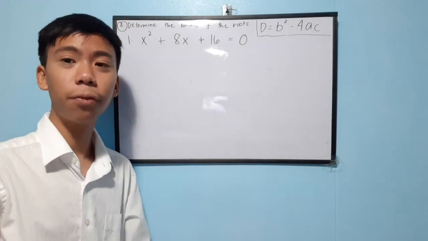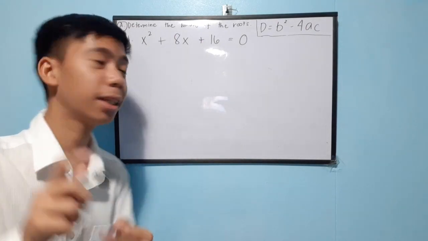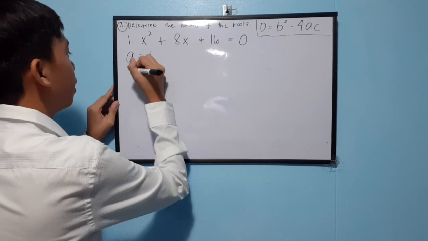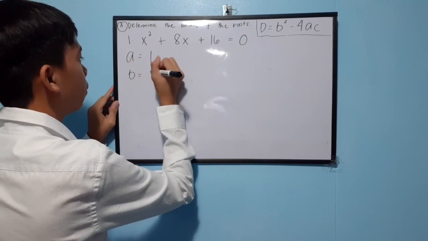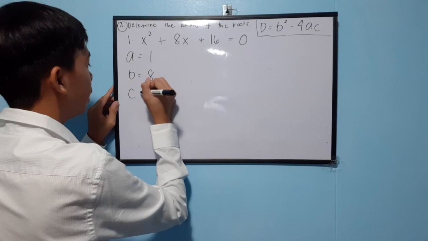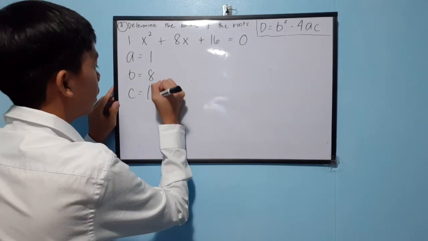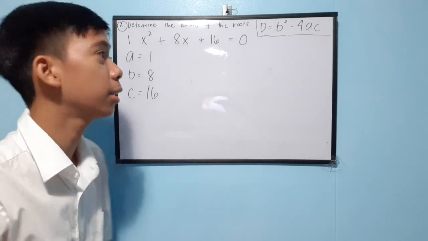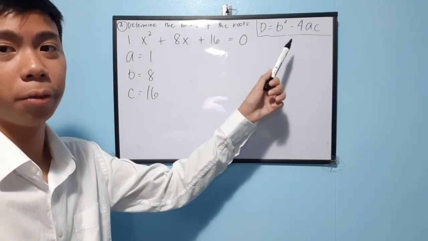Now, we need to find a, b, and c. So a will be 1, b will be 8, and c will be 16. So now, we need to use the formula of the discriminant. So here is the formula for the discriminant.